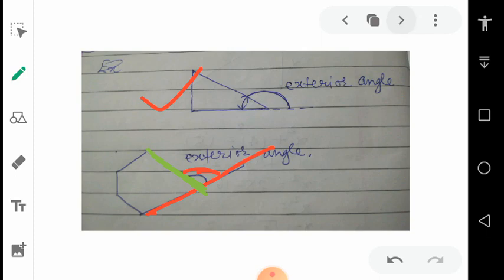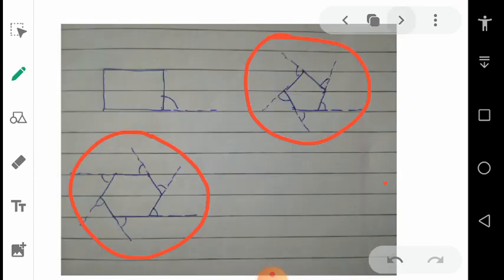Now in both these figures you can understand that exterior angle is somehow related with the interior angle also, as both of these together make up to 180 degree. In these figures, how many exterior angles are possible, means in how many ways can we produce the exterior angles?